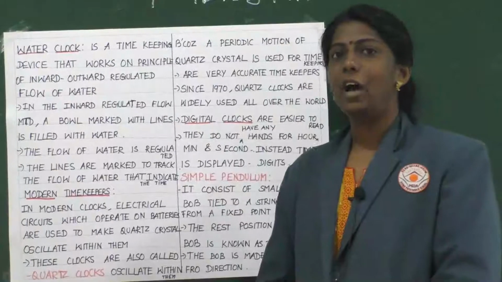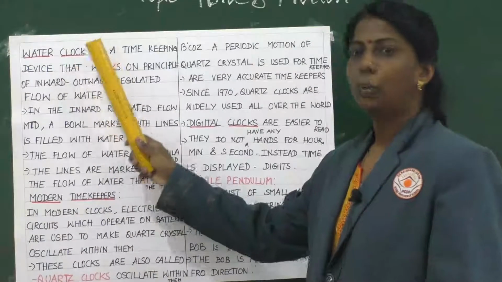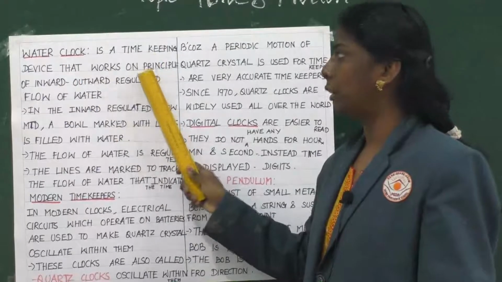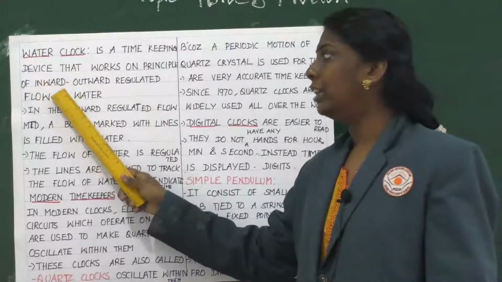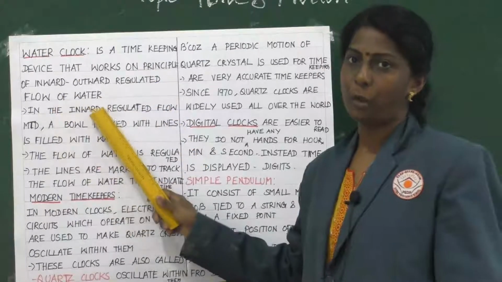Yes children, now let us learn about the same, that is the water clock. A water clock is a timekeeping device that works on the principle of inward and outward regulated flow of water.